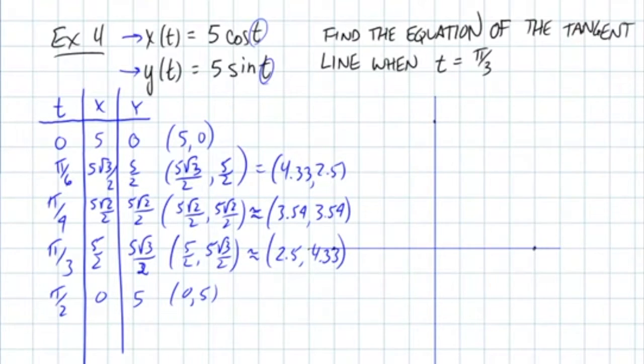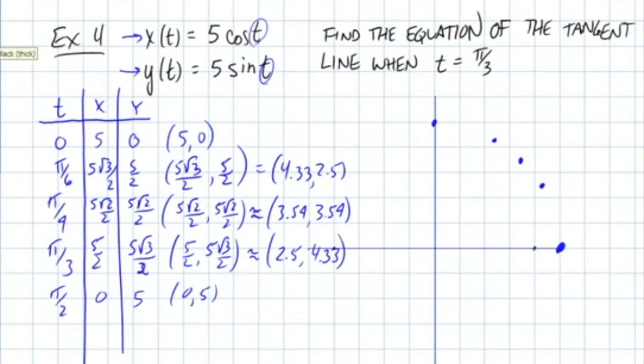So (0, 5) would be here. (4.33, 2.5) would be about there. (3.54, 3.54) would be about there. (2.5, 4.33) is about there, and (0, 5) would be there.